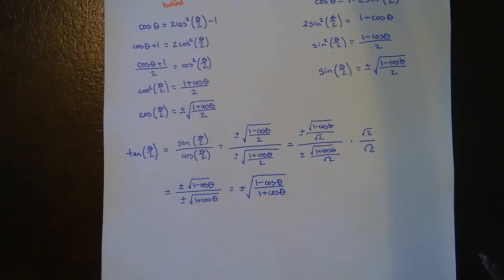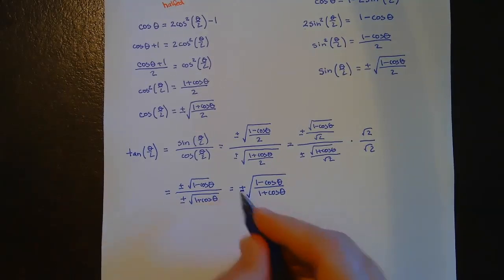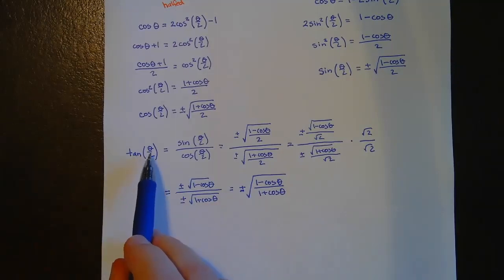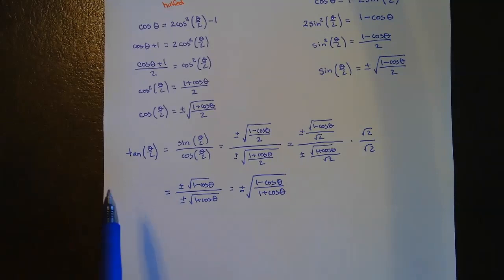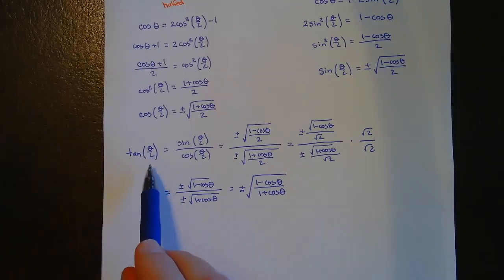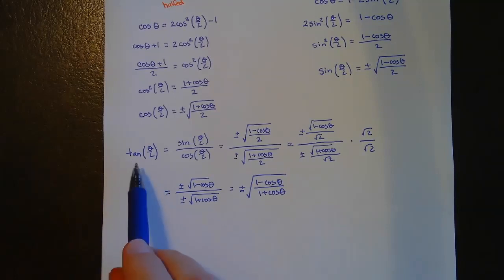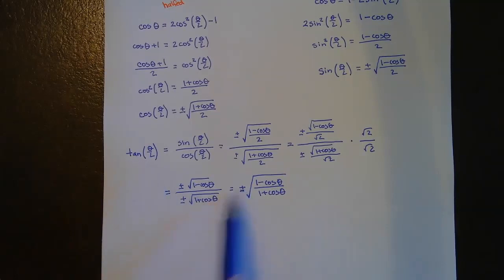Okay, now how do we determine whether it's going to be the positive one or the negative one? One way to do this is to determine where theta over 2 is, what quadrant that is in, and then determine what the sign of tangent is in that quadrant, okay? So if theta over 2 is in the first quadrant, tangent in the first quadrant is going to be positive. We'd pick the positive one.